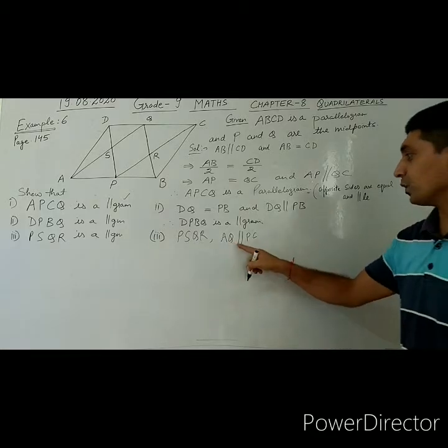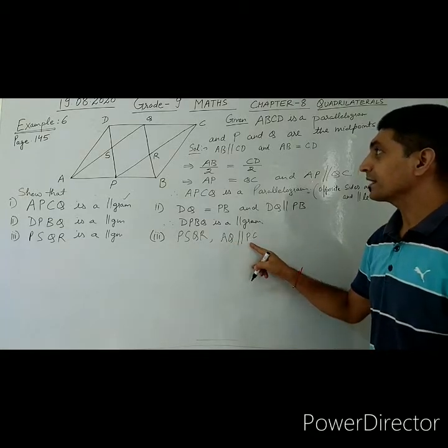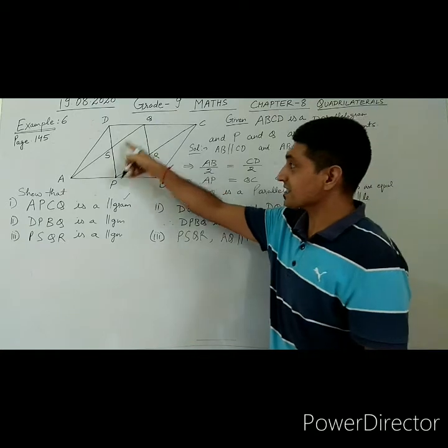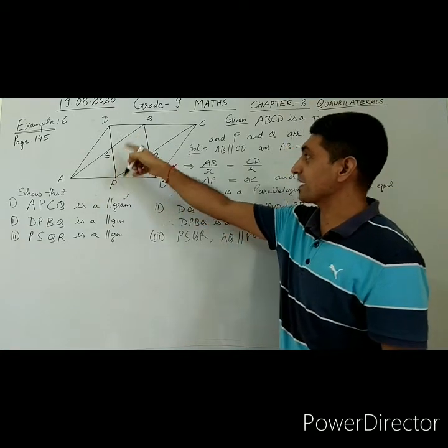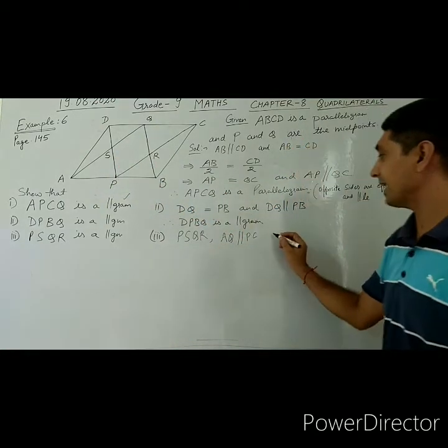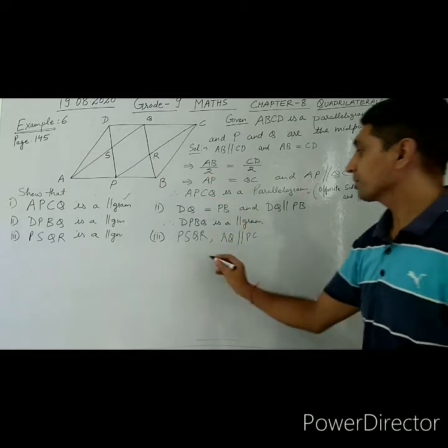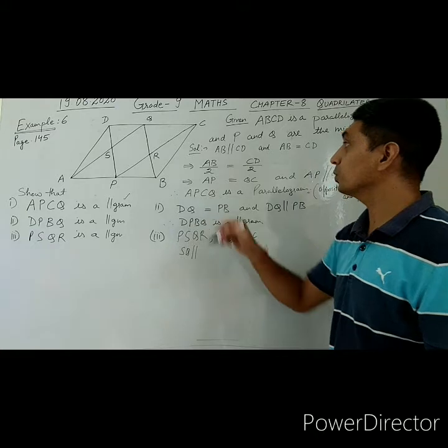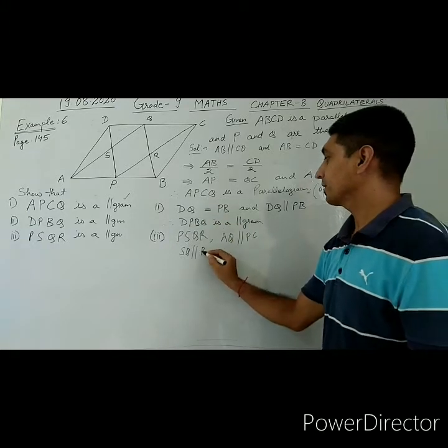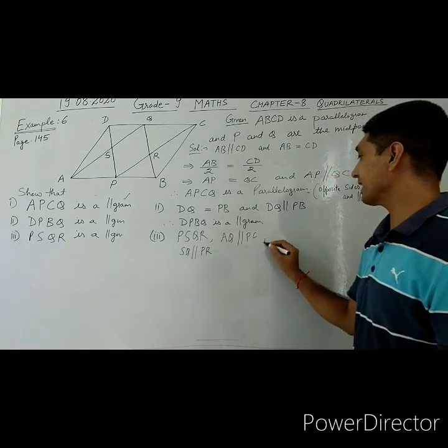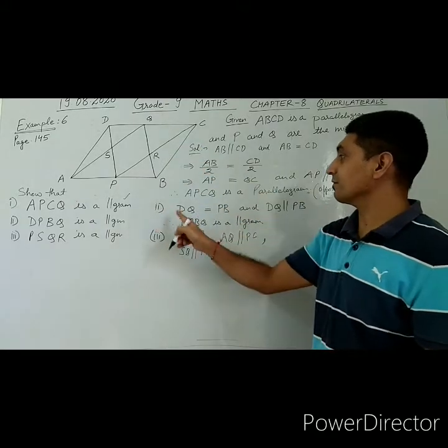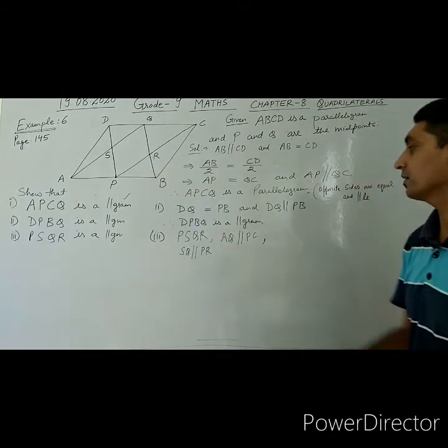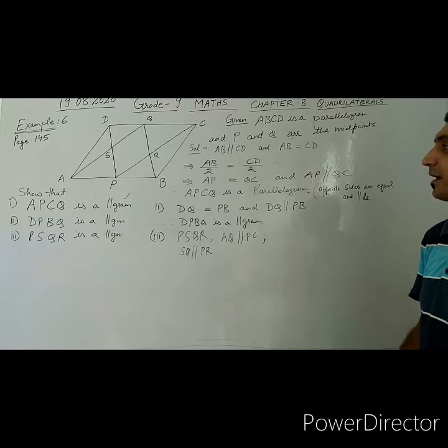So if AQ is parallel to PC, it means S is a point on the same side. So this implies that SQ is also parallel to PR. This one is from the first part.